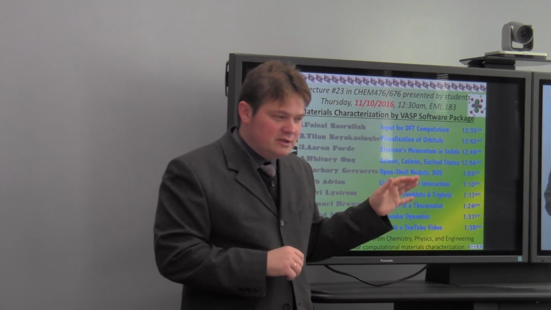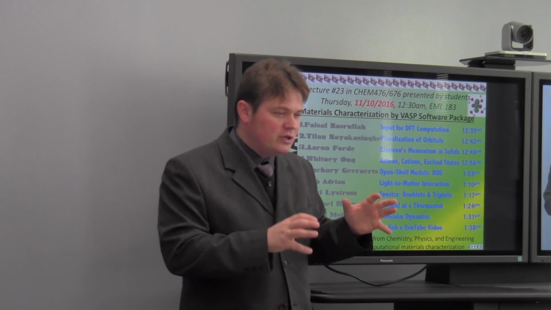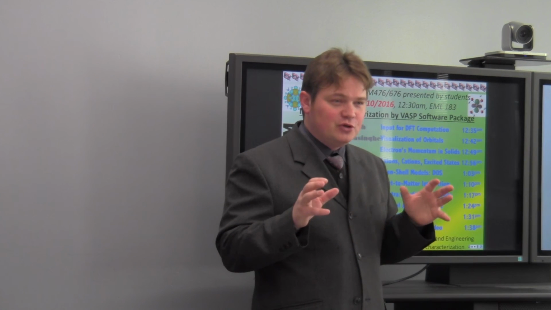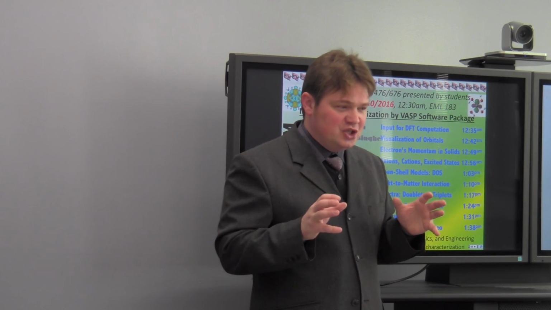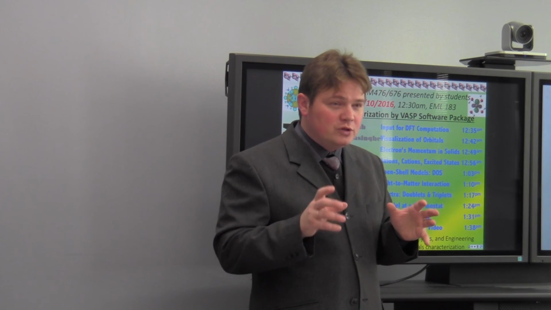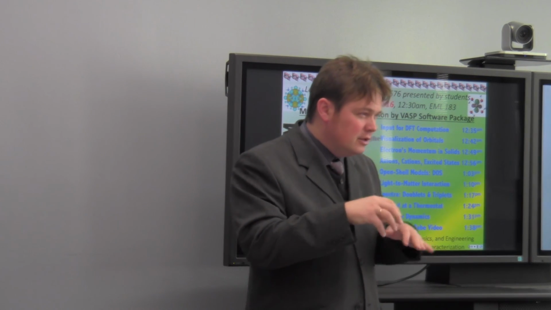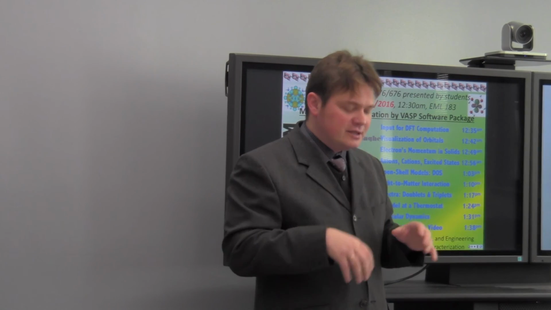Before, we learned different pieces of software, but now we are focusing on a specific piece of software named Vienna Ab initio Simulation Package, which is designed to model not only chemical systems, but chemical systems interfacing solid surfaces, liquids, gases.